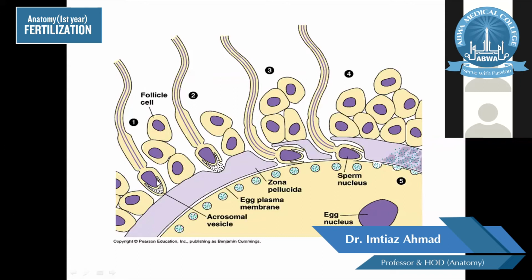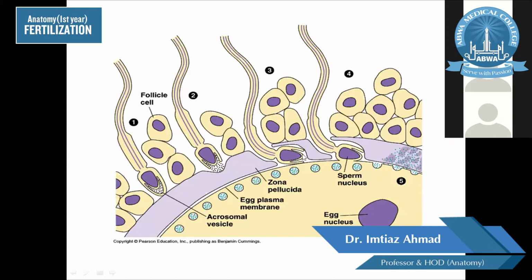Now here the acrosomal caps release enzymes which are hydrolytic enzymes, hyaluronidase mainly, which digests the zona pellucida and makes a way for the contact of the sperm head with the plasma membrane of the secondary oocyte.